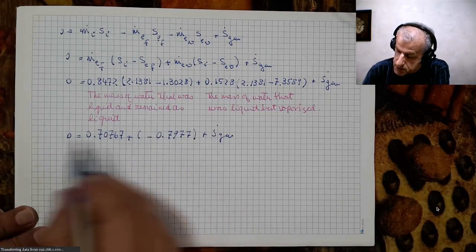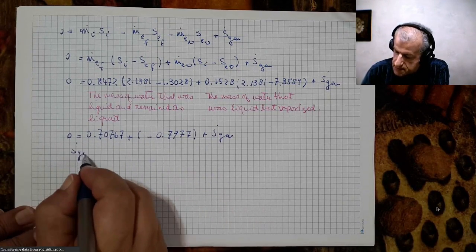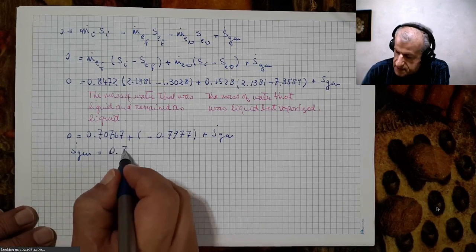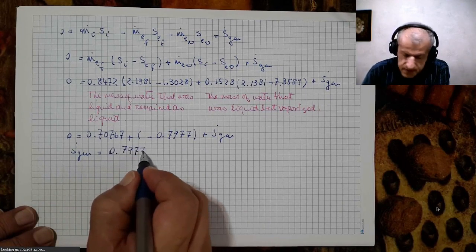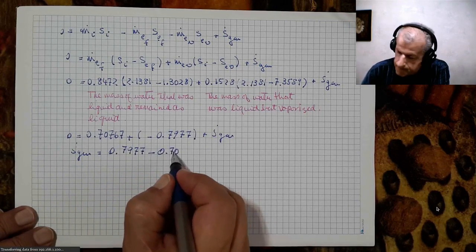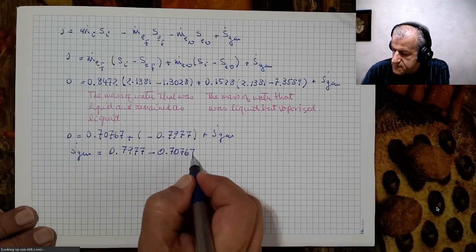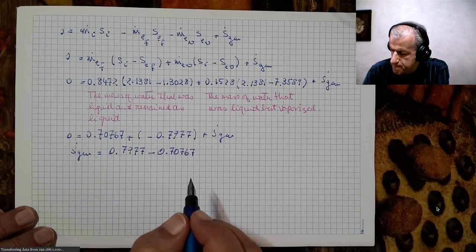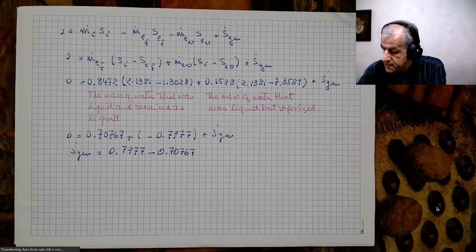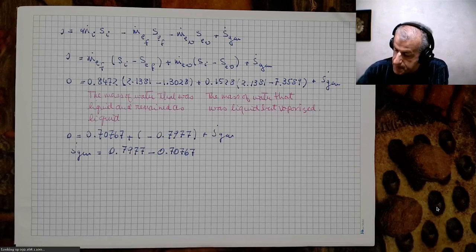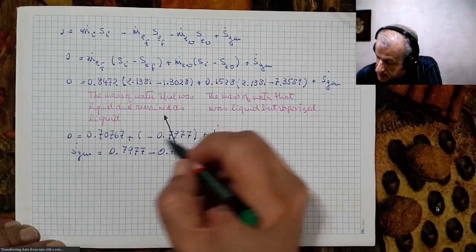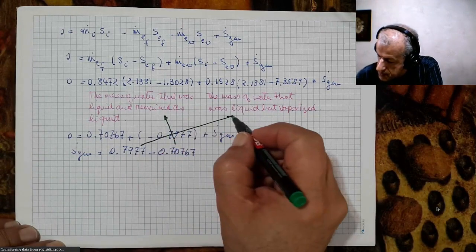Bring these two terms to the other side. S dot Gen would equal 0.7977 minus 0.70767, which means that this term belongs to this case, and this term belongs to this case.